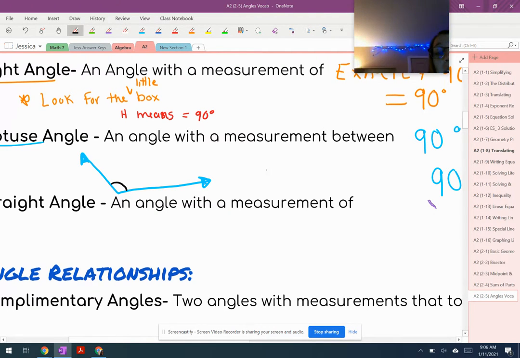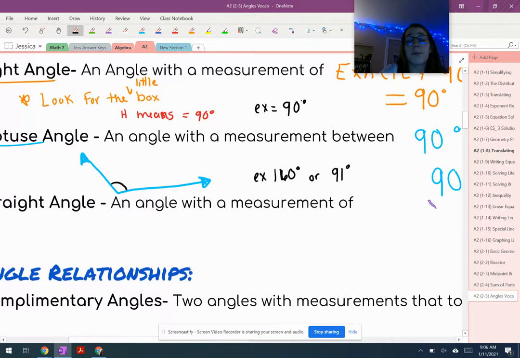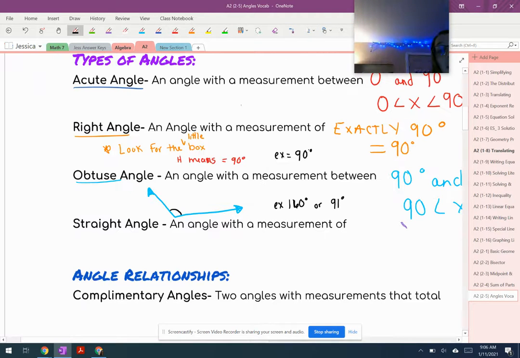So it could be something like 160 degrees. Or 91 degrees could be an example. Acute angle examples would be something like 89 degrees, or 1 degree, and anything in between there really.